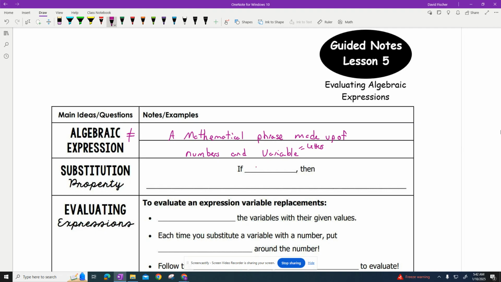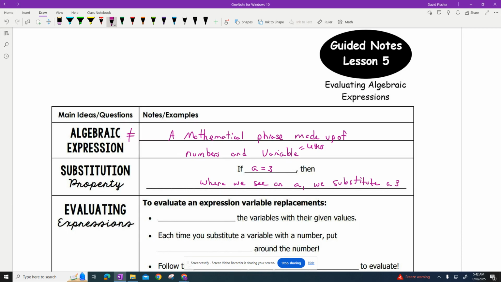So for example, if they say A equals 3, then wherever we see an A, we're going to put a 3 instead of the A. So we're going to substitute those letters in. We put a 3 in.